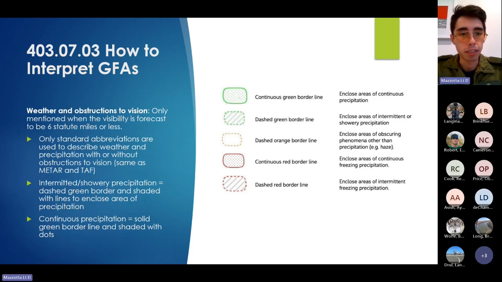And then for obstructions to vision, usually you will see it in orange. So that would be things like smoke, haze, fog, all of that type of obstruction, where it just makes the horizon a little bit harder to see.